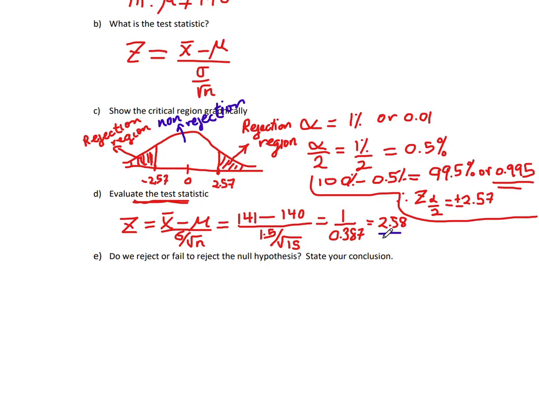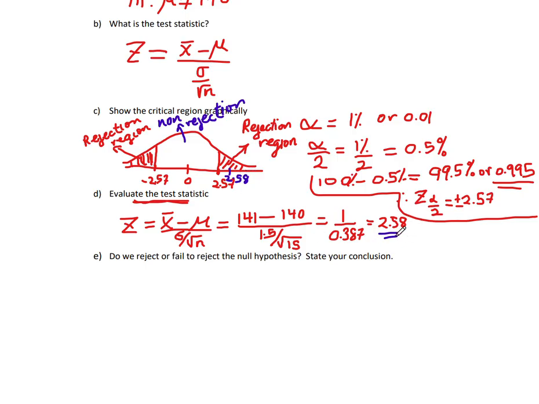But 2.58 is larger than 2.57, so it would fall in the rejection region here. 2.58 would fall in the rejection region because it's slightly larger than 2.57. So because 2.58, which is our test statistic value or calculated value, falls in the rejection region, it means that we must reject the null hypothesis.